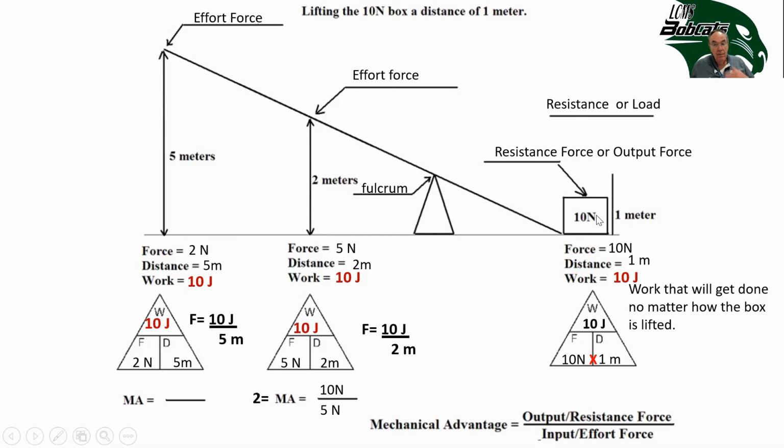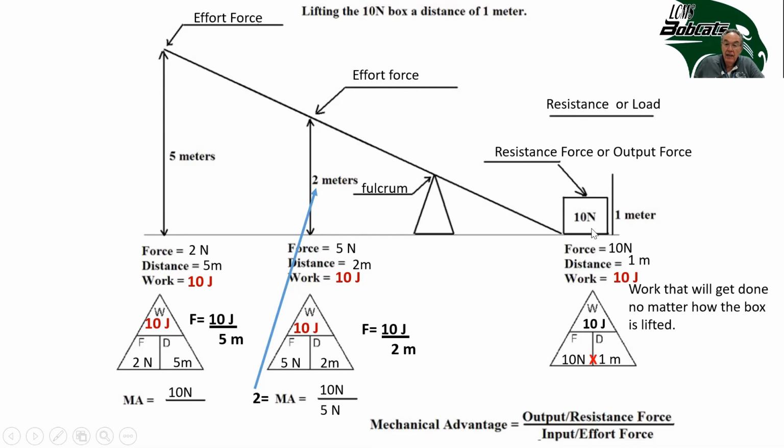So my output is I'm going to lift this 10 Newton box. And also I wanted to point out here that we went 2 meters, we doubled the distance, and the amount of times the distance is increased is also equal to the mechanical advantage. So double the distance, it multiplies your force by 2, which means you can use half as much force.